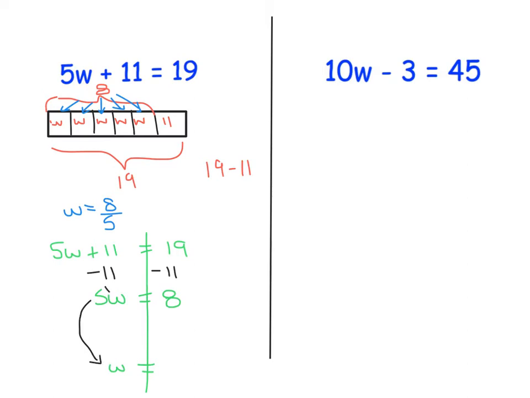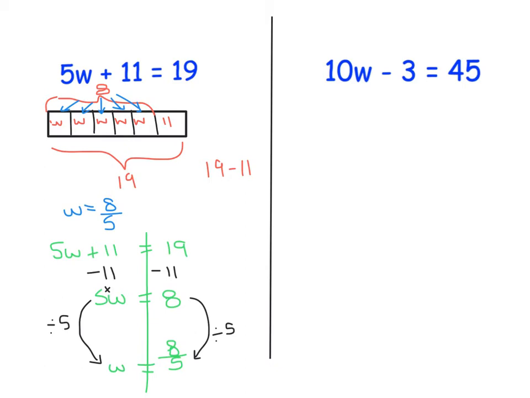Well, remember 5w means 5 times w, and we're using inverse operations when we do balance method. So I now need to be doing divide by 5. And again, that's exactly what we did with bar modelling. So our final answer is 8 divided by 5. No need to change that. Do not be afraid of those fractions.